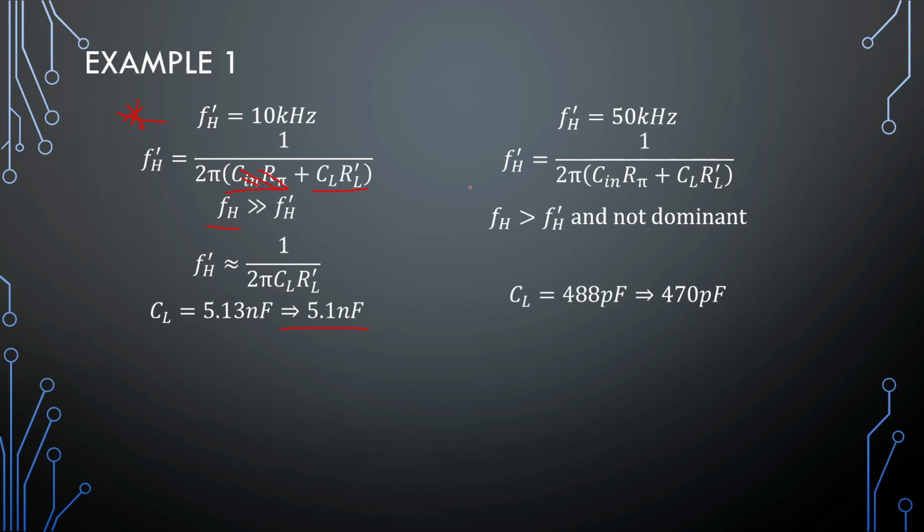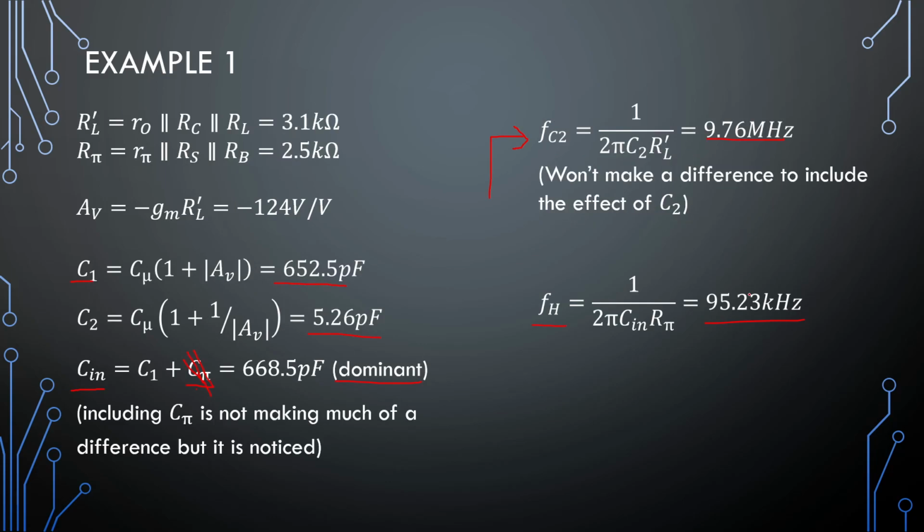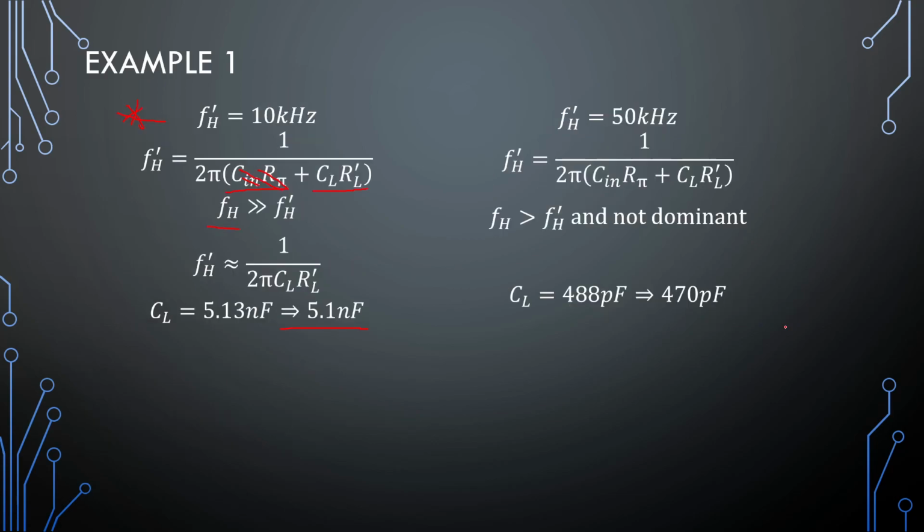Right. The second one is to show you when something is not dominant. 50 kilohertz is about half of our higher cutoff frequency, so it is not a dominant pole at all, right? So we need to work with both of these in the equation at the same time, but we already know Cπ and Rπ, we already know our load, so it's not really a problem.